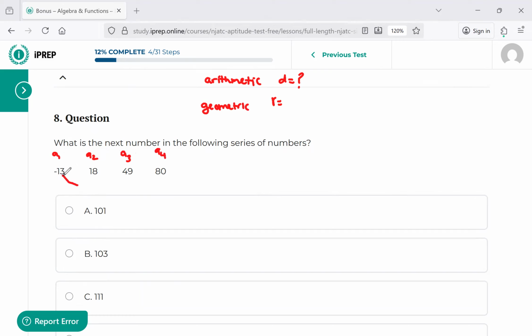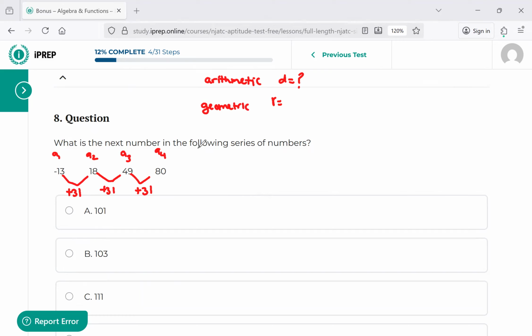From negative 13 to 18, what would you have to add? 31. From 18 to 49, what did you have to add? 31. From 49 to 80, what did you have to add? 31. So it looks like we have a common difference of 31.